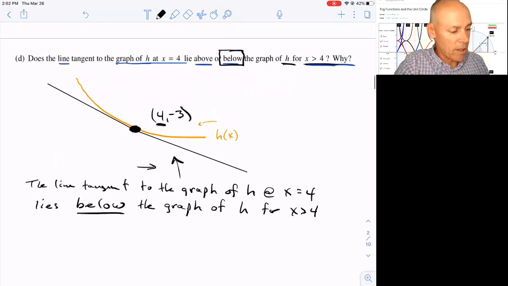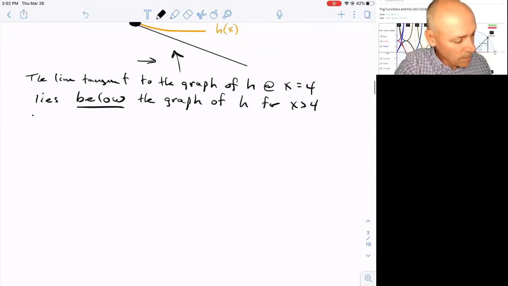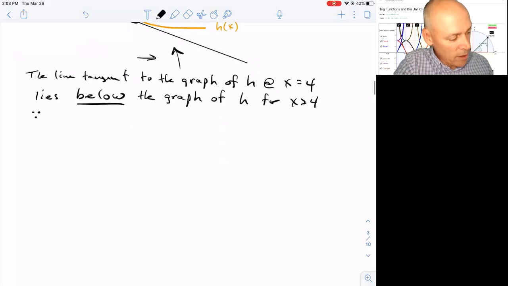Now I have to answer the why part. So I'm going to say because, okay, because why? Because really the second derivative, h double prime, is positive for x not equal to 0.